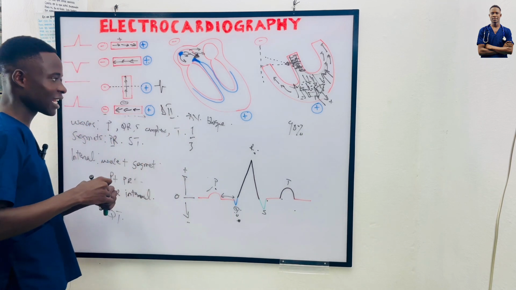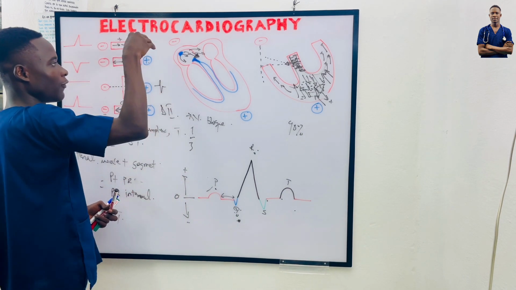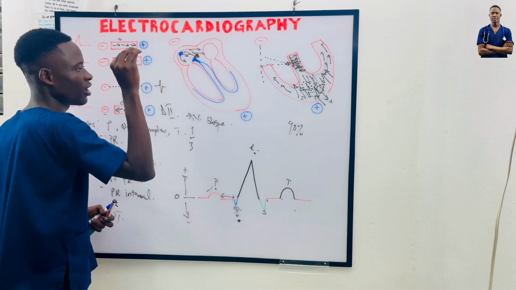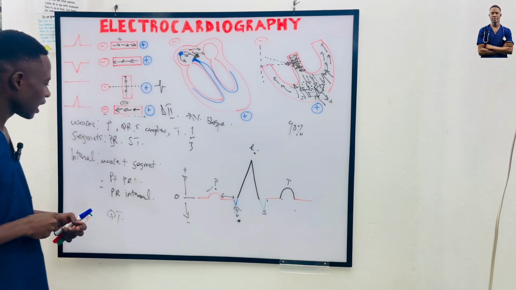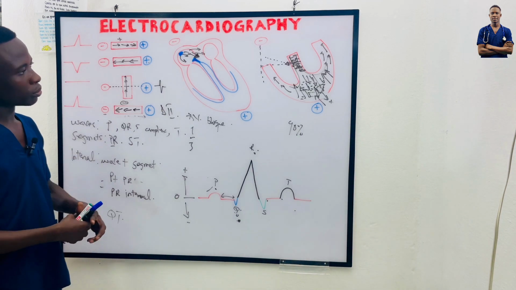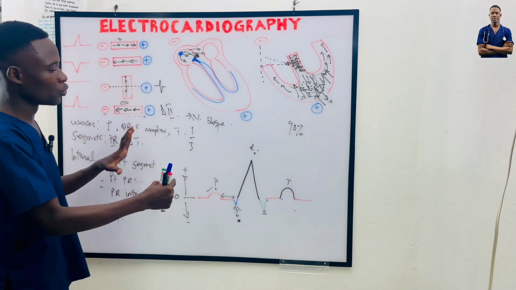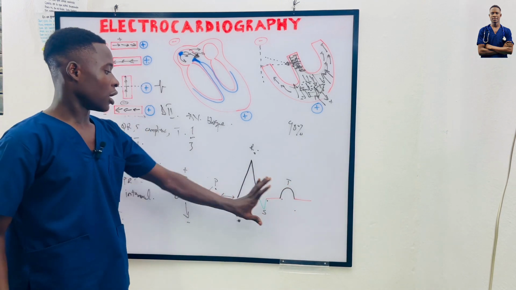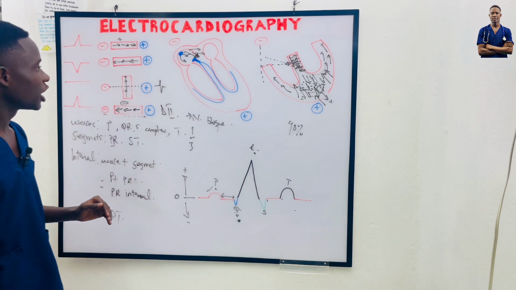It's actually the time taken for the electrical impulse to be transmitted from the atria to the ventricle. So this is basically what we have to know about the reading on the graph of the EKG.